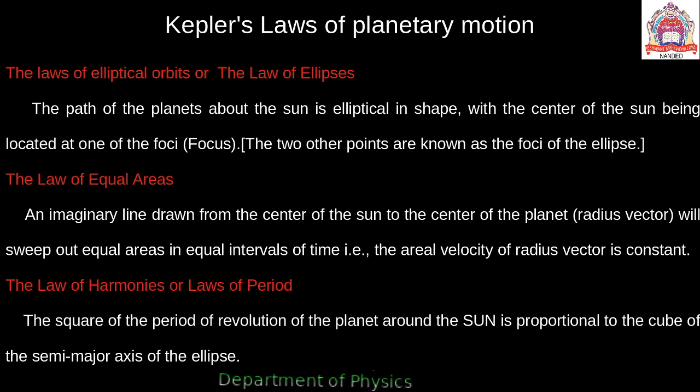According to Kepler's second law, the law of equal areas, an imaginary line drawn from the center of the sun to the center of the planet, called the radius vector, will sweep out equal areas in equal intervals of time, and that is, the areal velocity of the radius vector is constant.